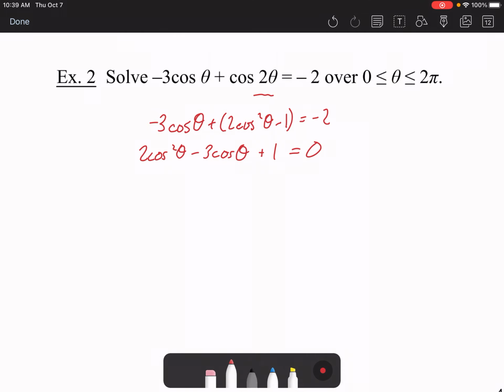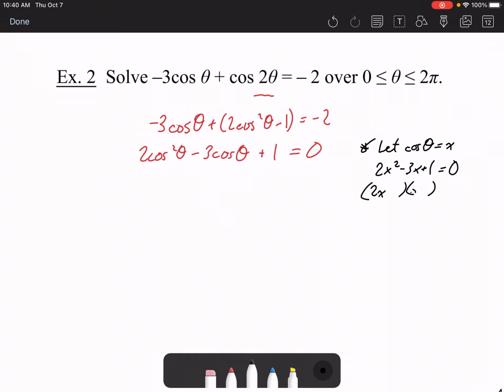And again, if you need to, let cosine theta in this case equal a variable, we'll call it x. So 2x squared minus 3x plus 1. I can factor into 2x and x.